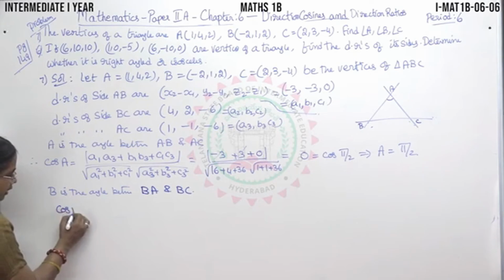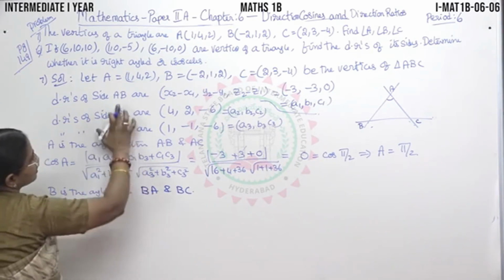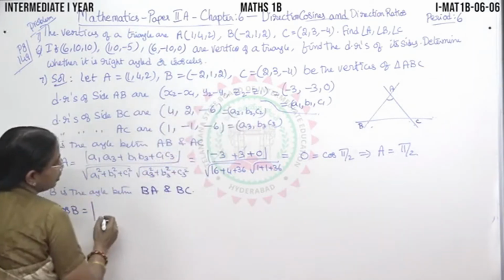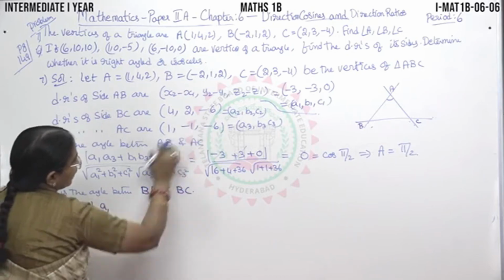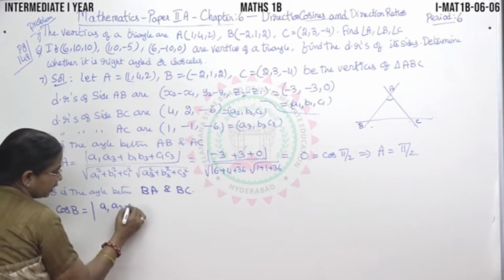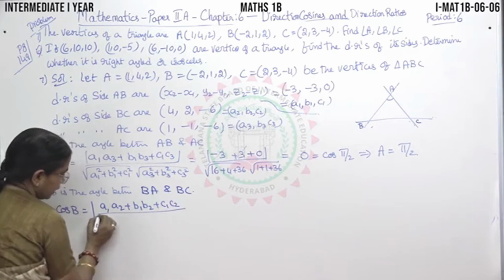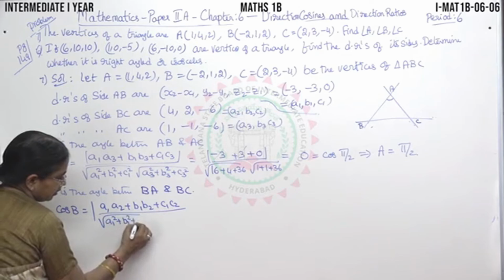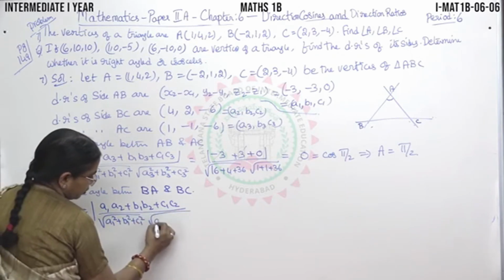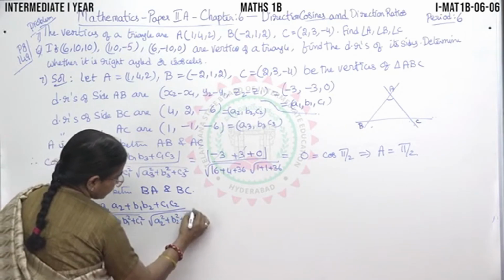So we can write cos B is equal to, for BA or AB, same direction ratios, so it is A1, and for BC it is A2. So the formula is A1 A2 plus B1 B2 plus C1 C2 by root of A1 square plus B1 square plus C1 square into root of A2 square plus B2 square plus C2 square.